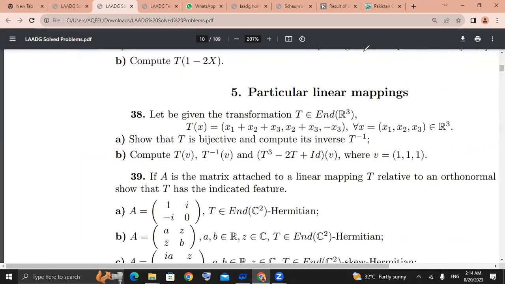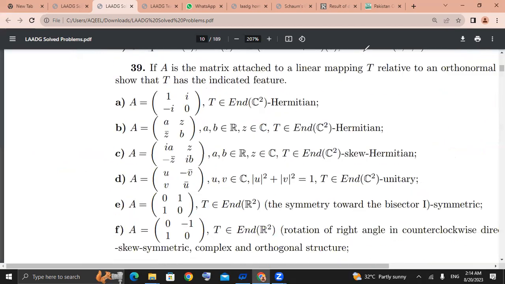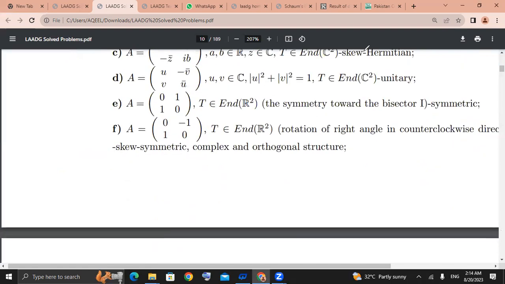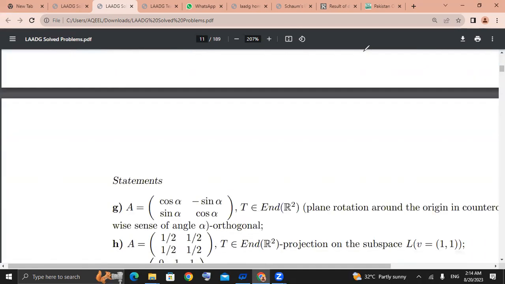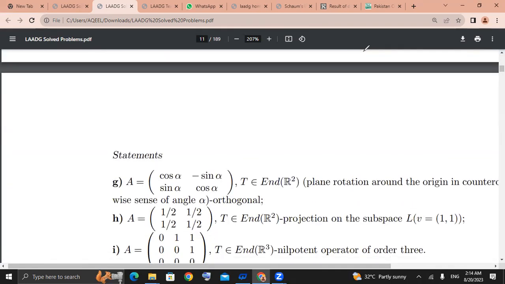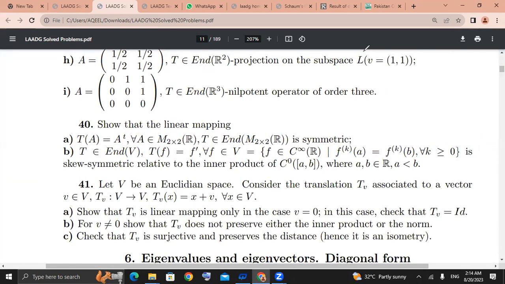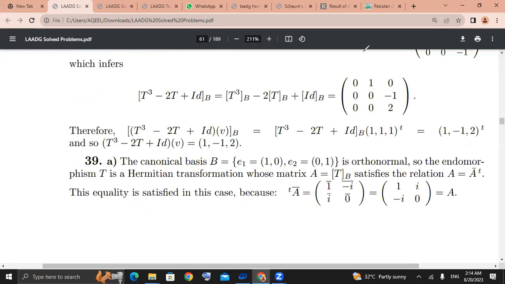Now moving towards question 39, as we have done when finding Hermitian, skew-Hermitian, unitary, complex structures, skew-symmetry, and orthogonal projection, as I have discussed in the previous days.